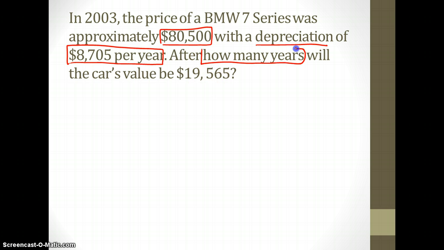If we look at what we don't know, this is what we want our variable to be. Generally the question will ask for a specific quantity, like how many years, and that's what our variable wants to be. So x is going to be the number of years that have passed. If we want to model how much the car is worth, we want to know when the car's value is going to be $19,565.